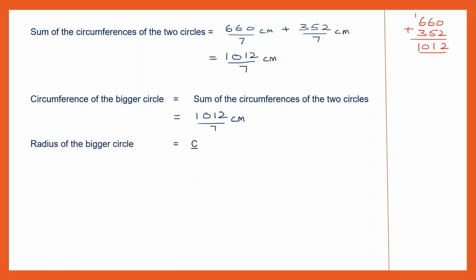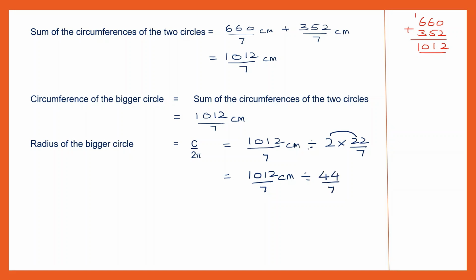So to find the radius of the bigger circle, we're going to use the formula circumference by 2 pi. So circumference is 1012 by 7 centimeters divided by 2 pi. That means divided by 2 into pi, which is 2 into 22 by 7. So this is 1012 by 7 centimeters divided by 2 into 22 is 44, 44 by 7.